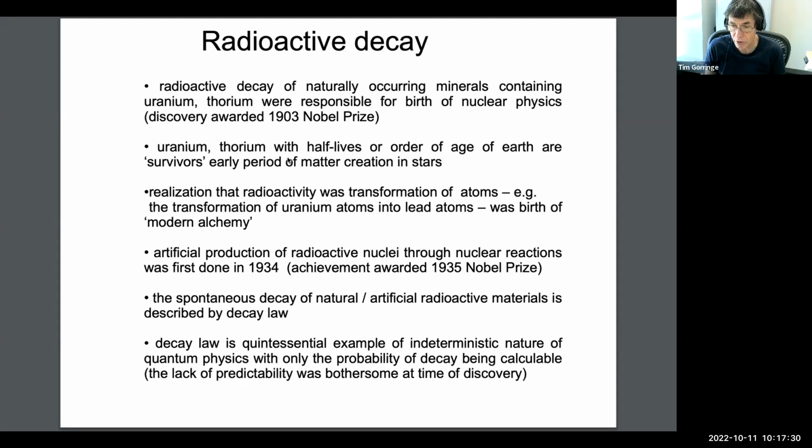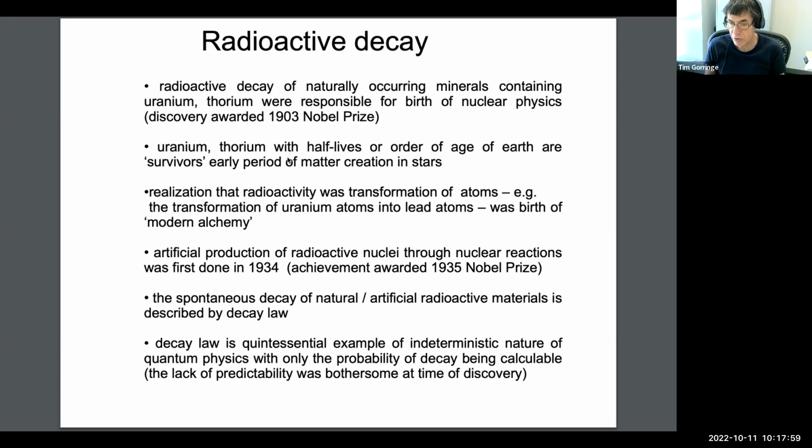It was awarded a Nobel Prize, the 1903 Nobel Prize. When you think of uranium and thorium, think of these atoms as survivors from the birth of the Earth out of matter created in stars.